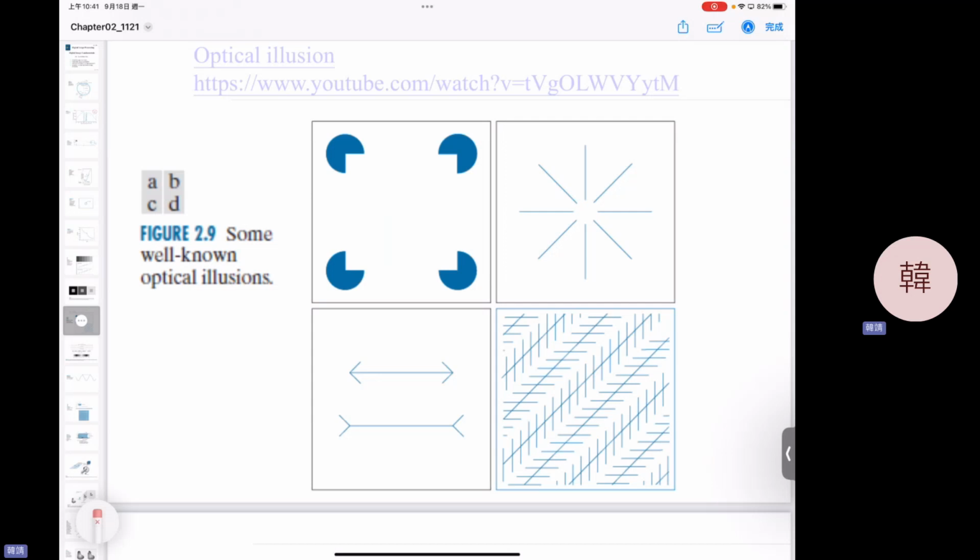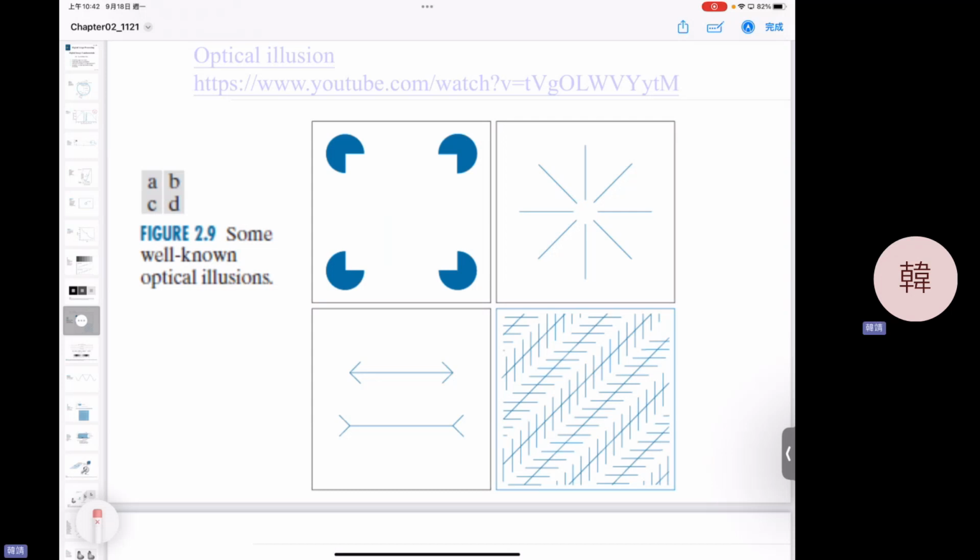How about these lines? Can you see? Are they parallel? If I add some different length lines there, you will see they are not parallel. Like these two lines look like they are opened quite wide, right?